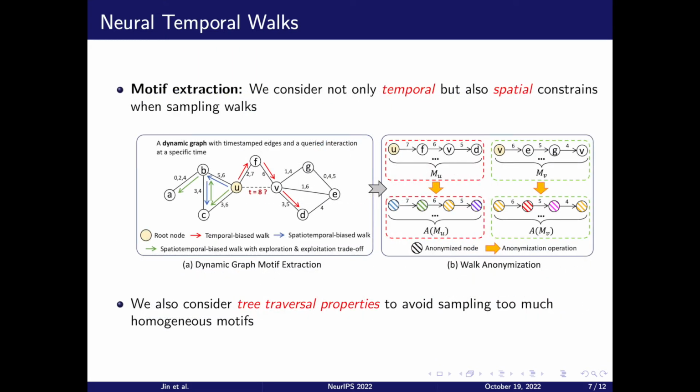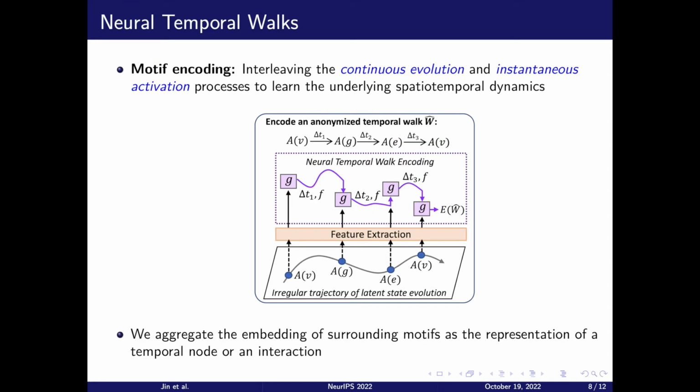We first introduced the idea of spatiotemporal walk, which focuses on three aspects to extract diverse and expressive paths to form motifs after the designed walk anonymization. Then, we introduced how to embed extracted motifs, where we propose two processes. One is called continuous evolution, and the other is instantaneous activation.